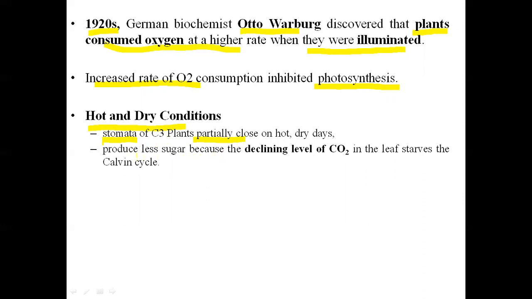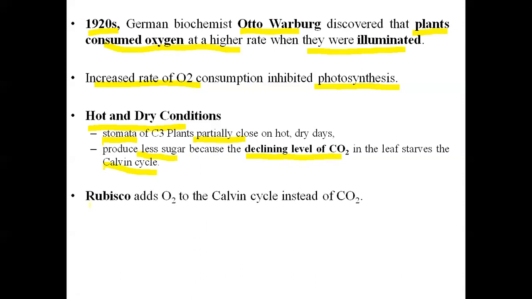Then they produce less sugar because they will not be able to absorb the required amount of carbon dioxide from the atmosphere, and there will be a declined level of carbon dioxide in the leaves. So that will affect the Calvin cycle.